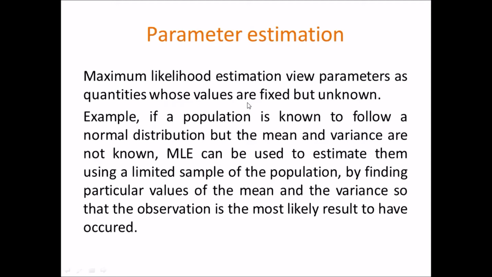As an example, if a population is known to follow a normal distribution, but the mean and the variance are not known, the maximum likelihood can be used to estimate them using a limited sample of the population by finding particular values of the mean and the variance so that the observation is the most likely result to have occurred. Means what you're going to be estimating has to be close to the expected value.